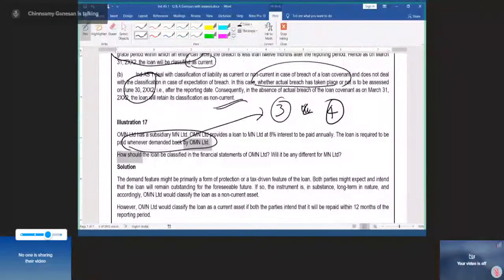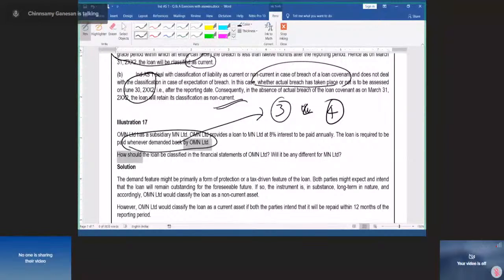In the asset, what we are saying is, is it expected to be realized within 12 months from the end of the reporting period? We assume that this loan has been given to support the subsidiary, and the parent company has decided that it will not recall that loan for the next 12 months, but it is not communicated to the subsidiary. For the subsidiary, the term remains as repayable on demand. From the parent company, we have decided even though the loan is repayable on demand, we will not call for it within the next 12 months.